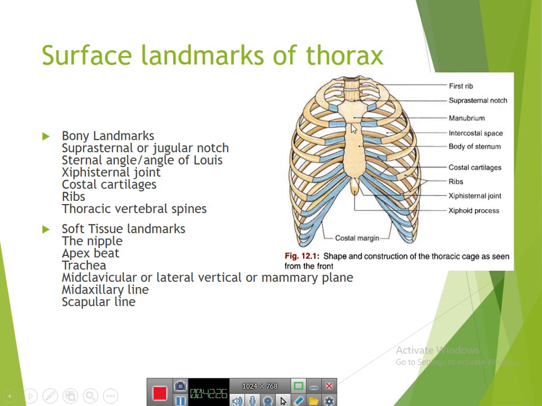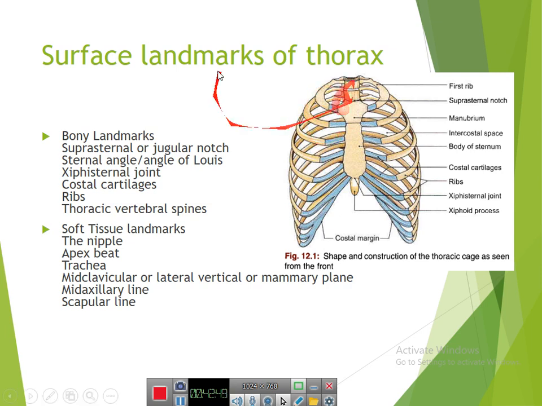So this angle marks the manubriosternal joint and lies at the level of the second costal cartilage anteriorly, and the disc between the 4th and 5th thoracic vertebrae posteriorly.